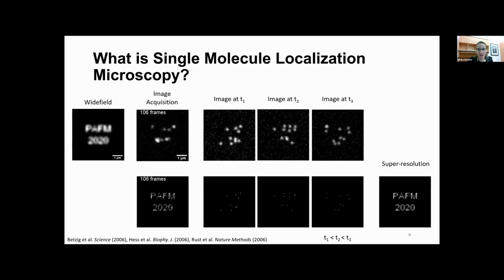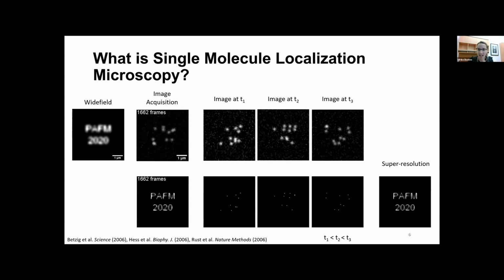And what happens in between is displayed here again. Instead of imaging everything at once, how we usually would do it in a normal wide field microscope, in a single molecule localization microscope we only image a subset of the fluorophores which are labeled in the sample. And that allows us, in principle, to very precisely determine the center from where the emission of a single fluorophore came from.